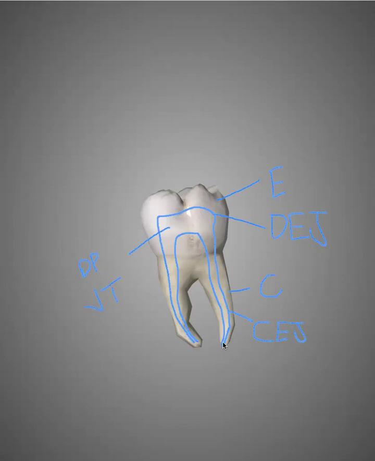Now here, the end of the root, these are called apexes. And at the apex, there's something called the apical foramen, where nerves and blood vessels pass and enter the dental pulp.